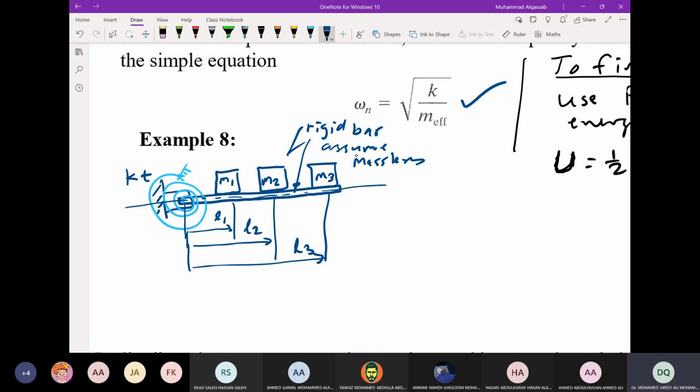So at an arbitrary position, at angle theta, the distance moved here is x3, the distance moved here is x2, and the distance moved here is x1.